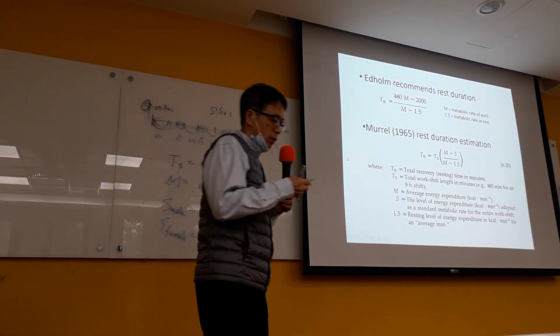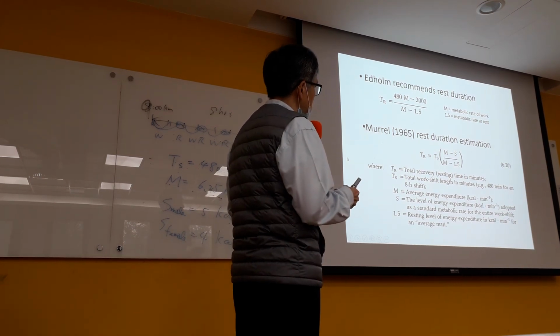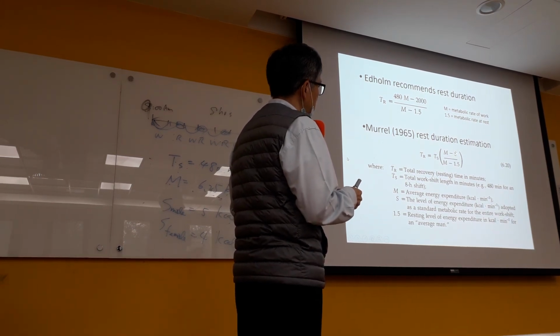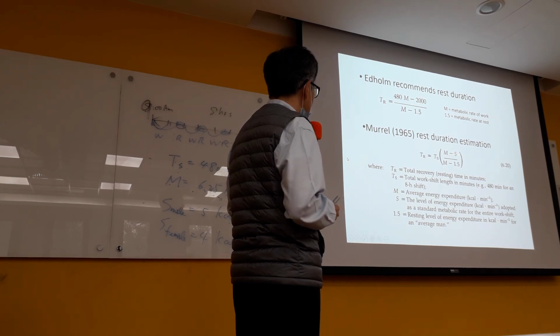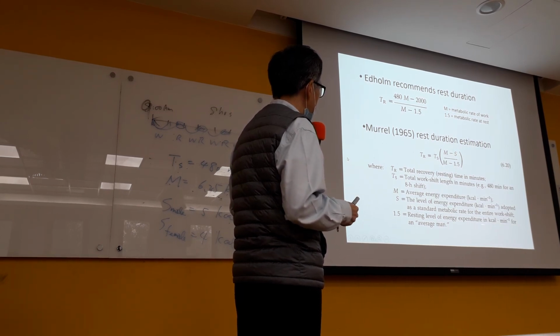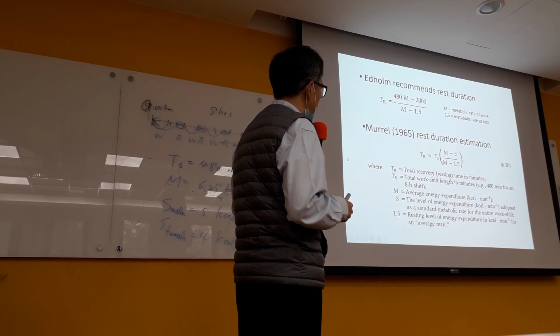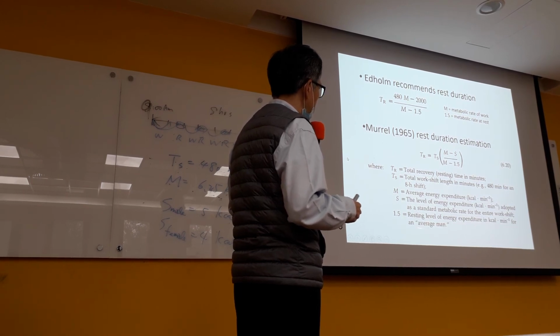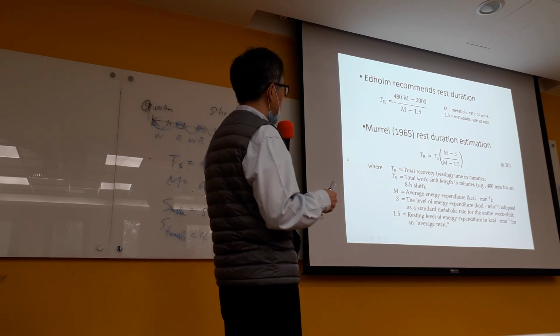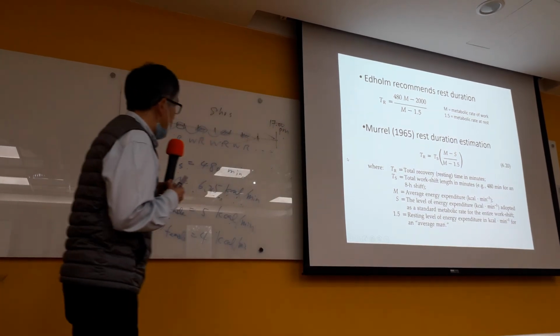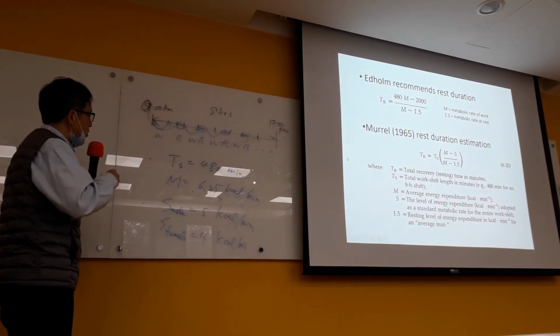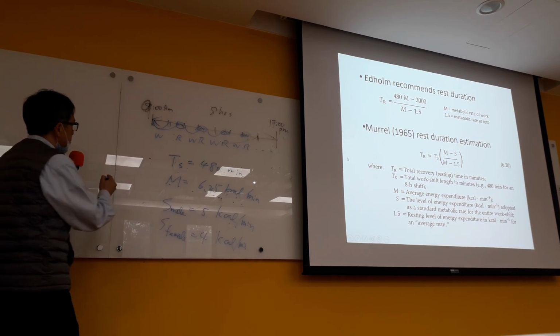That is why major ergonomics textbooks simply put a 5 here. And then 1.5 is the resting level or basal metabolic rate for an average man. So it's 1.5 here. Okay? So in this example, it's very simple.